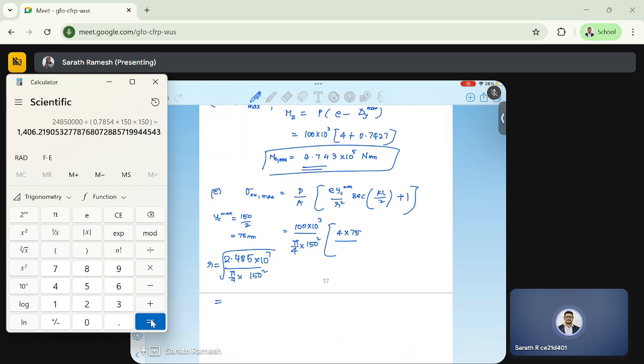The square root of this is radius of gyration value, which is 37.5 mm.